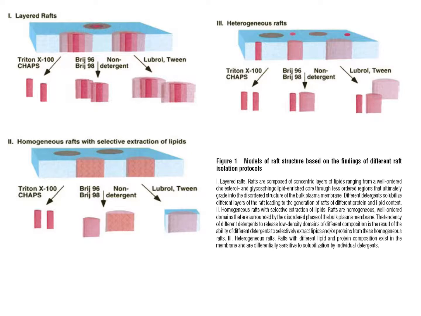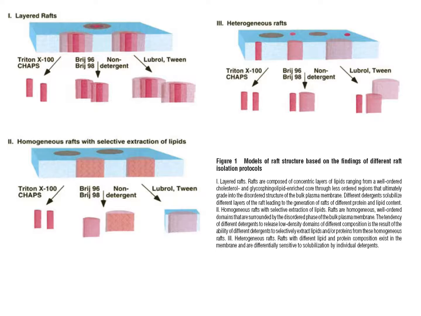And when you did a Tween structure, you would end up getting this one structure with no layers. So the layered rafts model suggests it's this structure. The homogeneous rafts say it's this structure, and heterogeneous means that the rafts are in different formations, different structures.